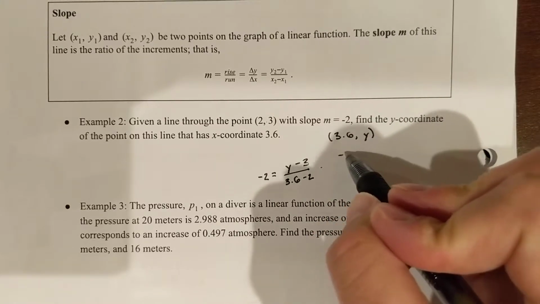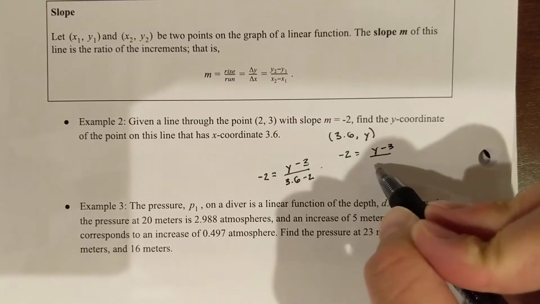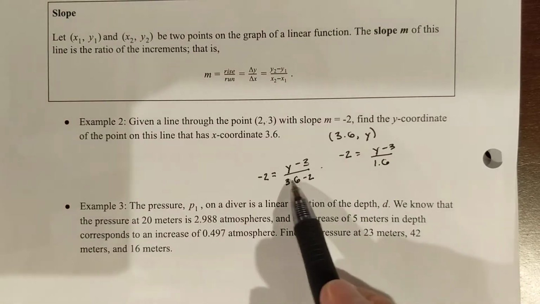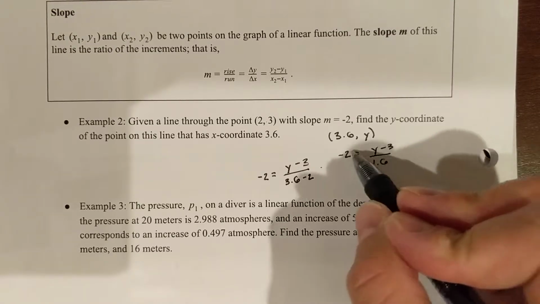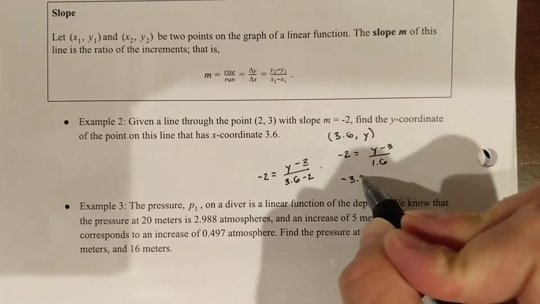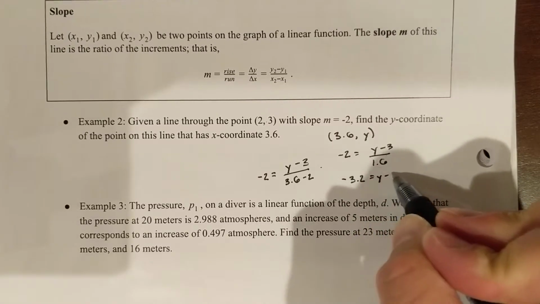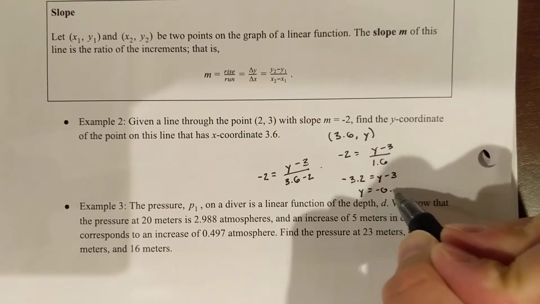So negative 2 is equal to y minus 3 over 1.6, if you find the difference there. This is dividing by 1.6. To move the 1.6 to the other side, you need to multiply. So negative 3.2 is equal to y minus 3. And then add the 3 across. So y is equal to negative 0.2.